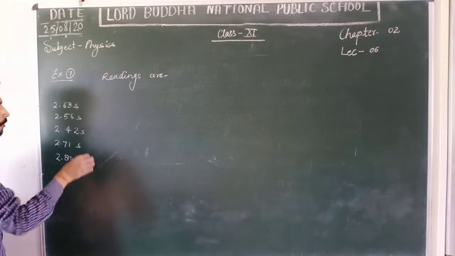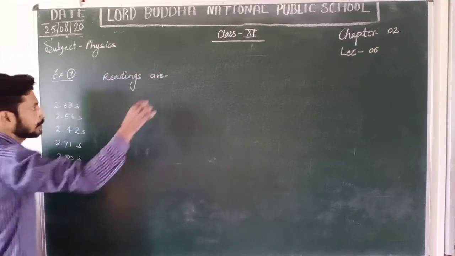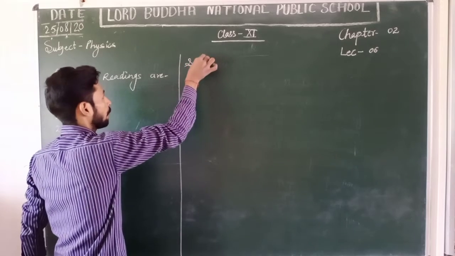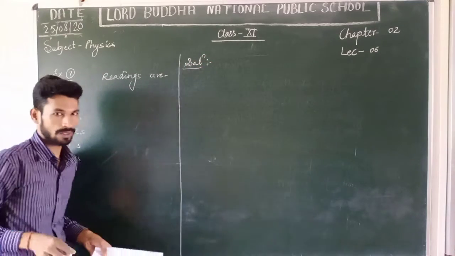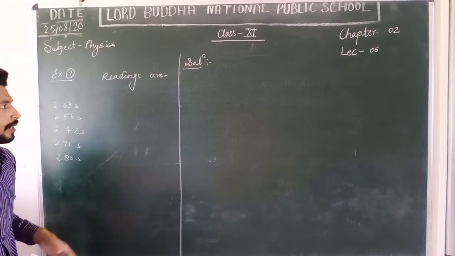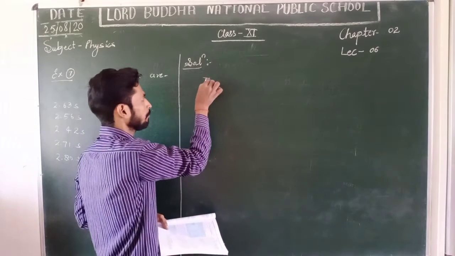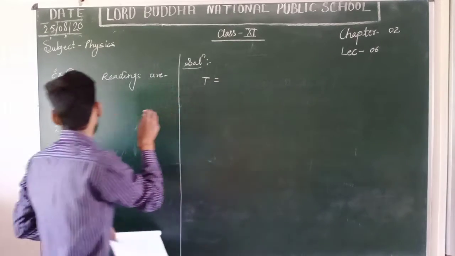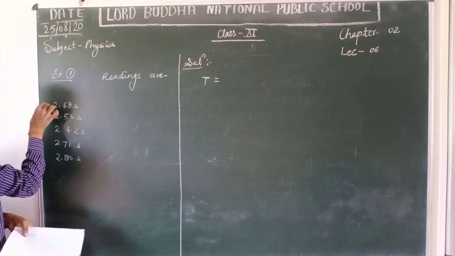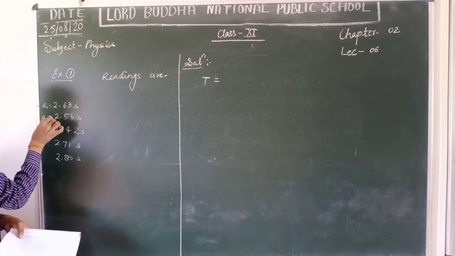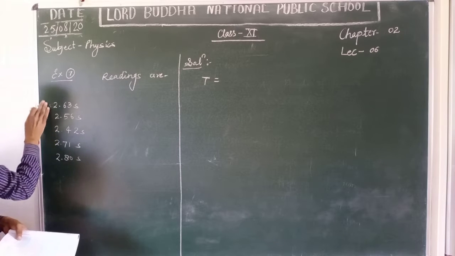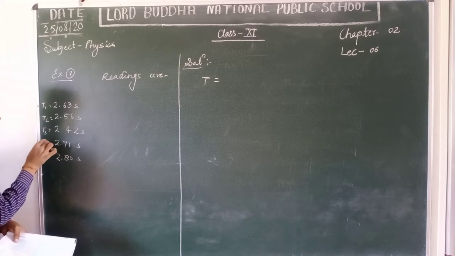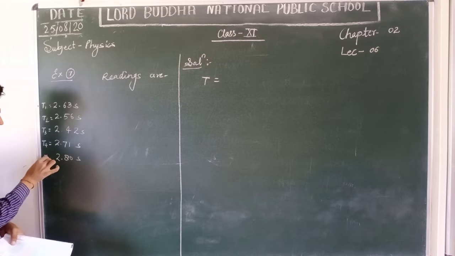So for this calculation, first find the mean value. How can we find the mean time? Suppose these are T1, T2, T3, T4, T5.